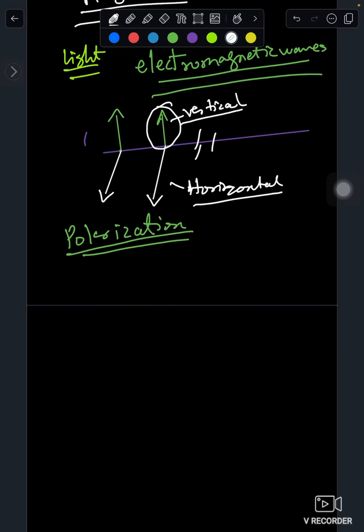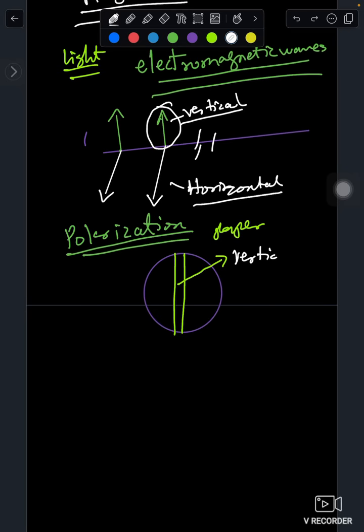And there's a polarization paper, and it stops light with certain properties. Let's suppose this polarization has this, so it will not let the vertical part of the light enter, which I think was magnetic.